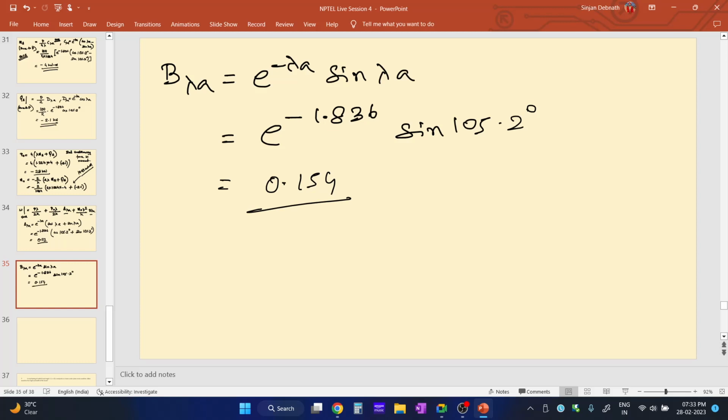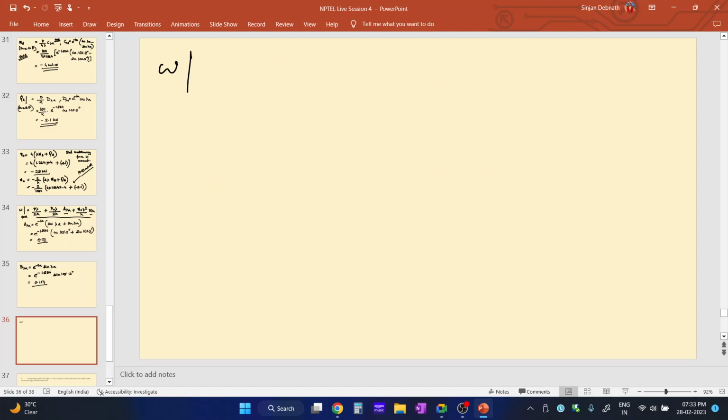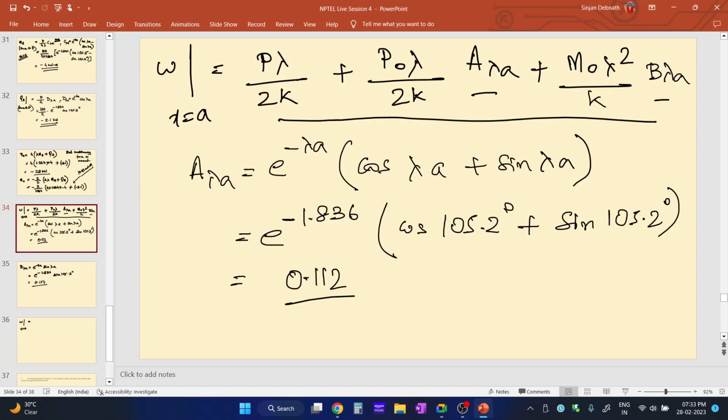Now we just need to put all the values of all the parameters in this particular equation. Okay, so W at x equal to A will be equal to P lambda by 2k.